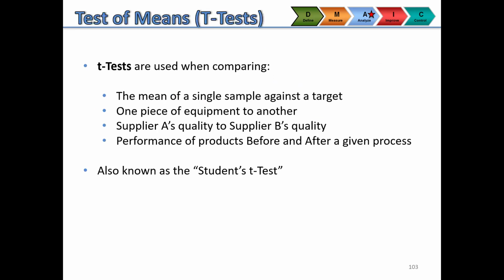One sample t-test, the mean of a single sample against a target: one piece of equipment, supplier A's quality, supplier B quality, performance of products before and after a given process, shopping times. Also known as a student t-test.